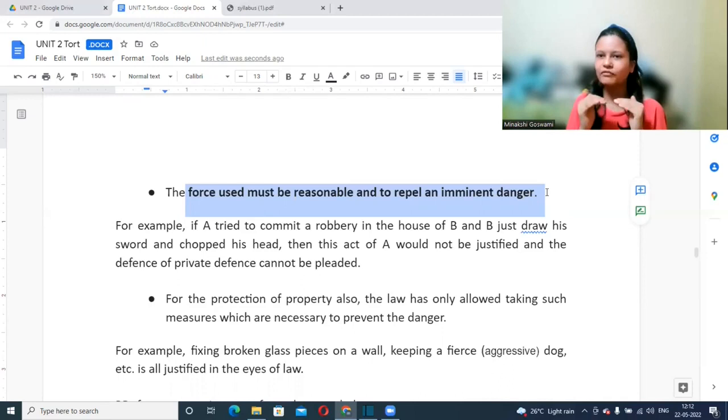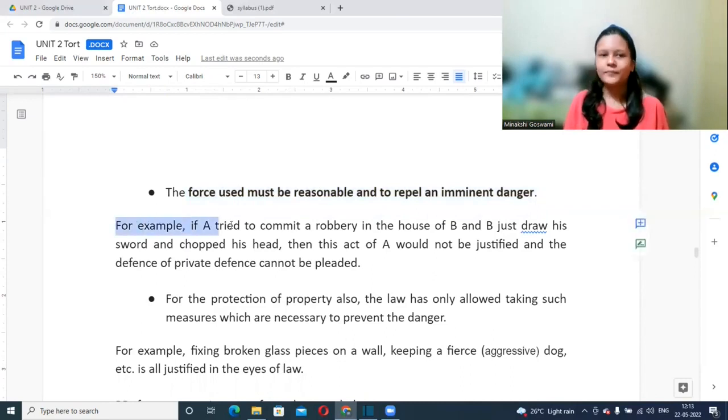It has to be of that level. How much is required to prevent that harm? If someone says, I'll slap you, it should not happen that I'm killing the person because that much force was not needed. I may hold his hand tight or something like that so that the person cannot use that force. That is what is very much needed over here.